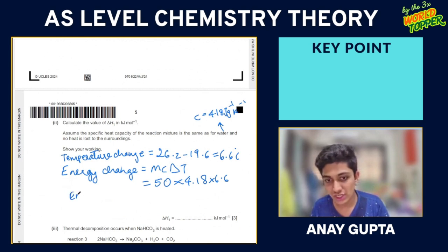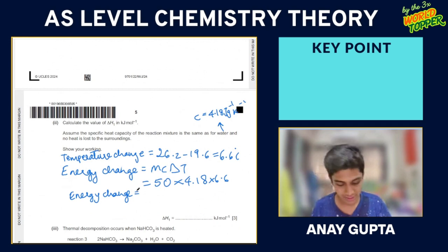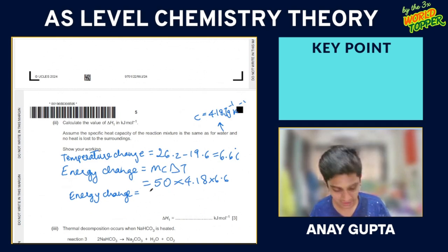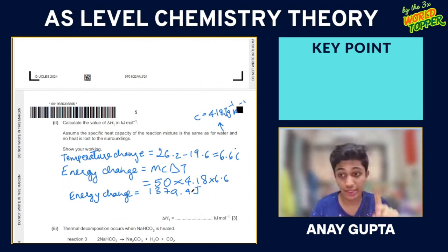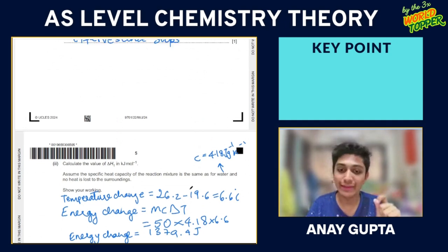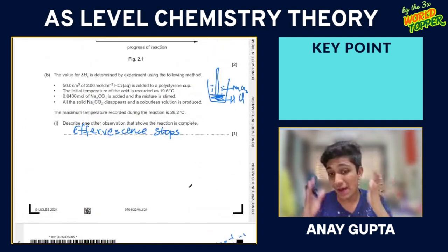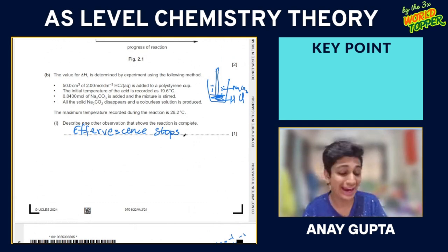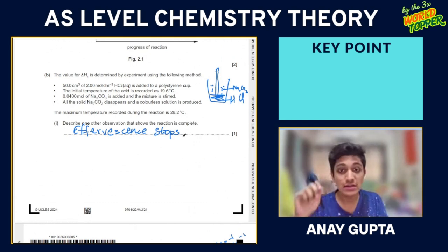So my energy change is going to equal 1379.4 joules. Joules, not kilojoules. Now the next thing that we need to take care of is the amount of the reactants that we have taken in moles.